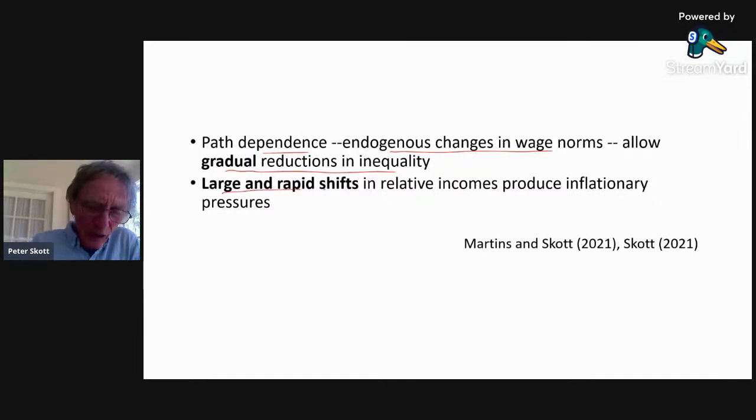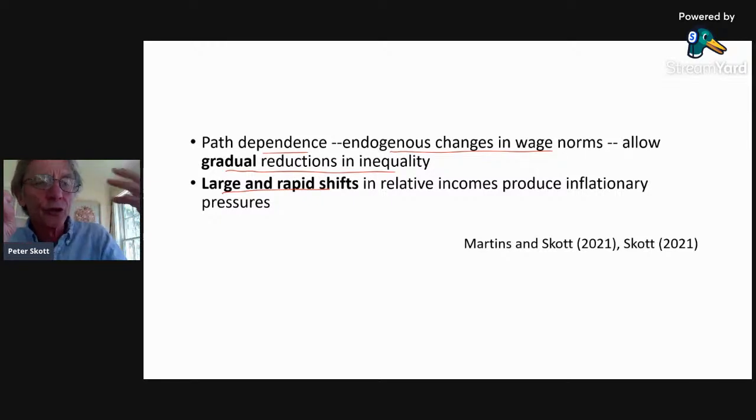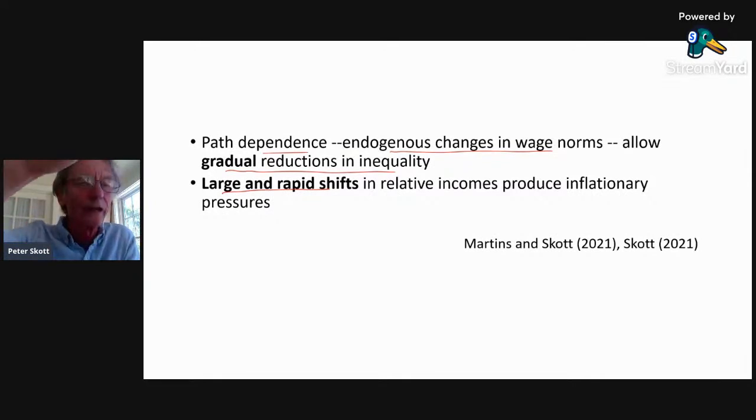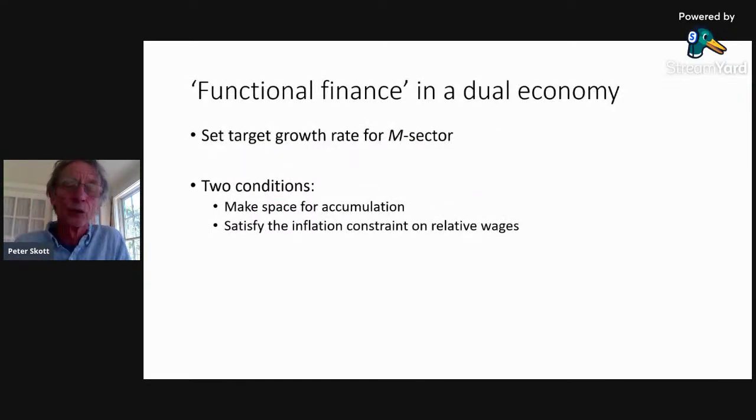But if you get large and rapid shifts in relative incomes, then you violate the wage norms and you start a process where cost push will increase wages, that increases prices in the modern sector. And then you have the demand-determined incomes in the informal sector. They rise proportionally. So you don't adjust the unfairness. And that's what can generate this vicious, explosive process.